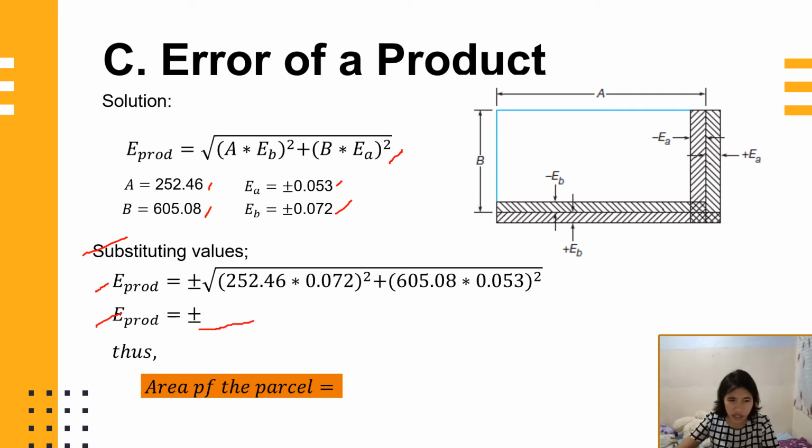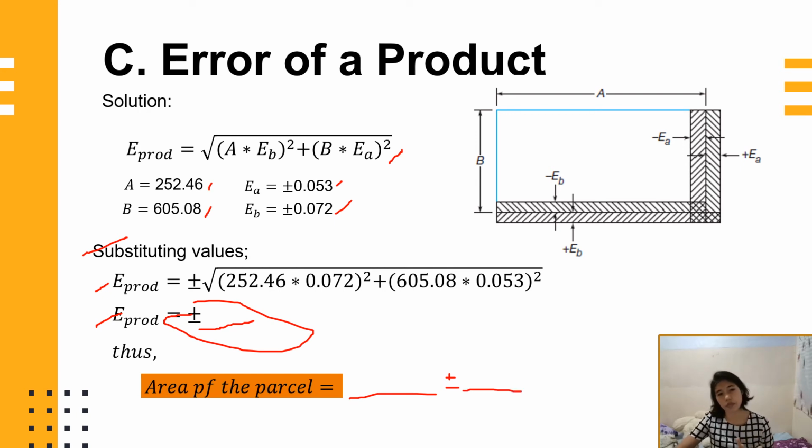I don't have the answer here, so kindly solve for it and compute also the area of the parcel, plus minus the error of the product. You can solve on your own what the answer of this problem will be.